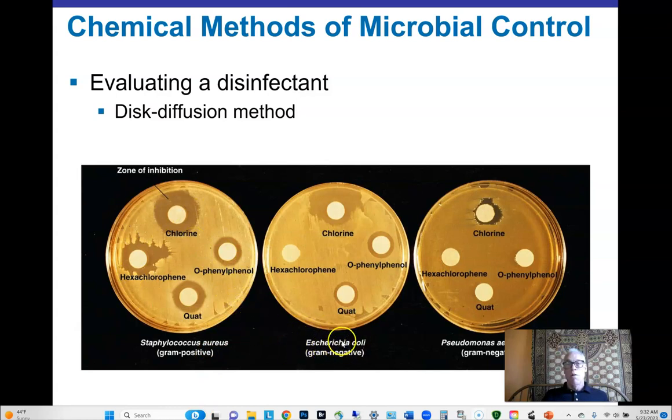Escherichia coli, E. coli, are a little more tough. Hexachlorophene didn't do much good with those guys. Gram-positive bacteria are easier to deal with than gram-negative bacteria. Quaternary ammonium compounds are detergents with quaternary substituted amine groups, and so that's something that can be used to help prevent gram-negative bacterial growth.